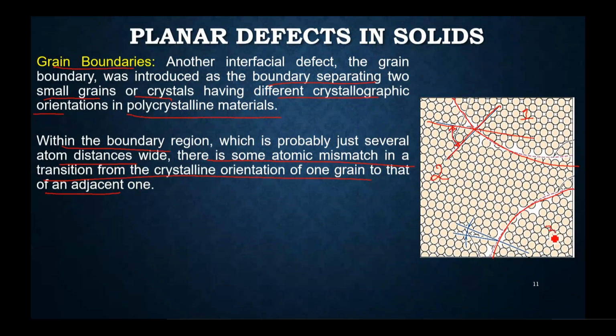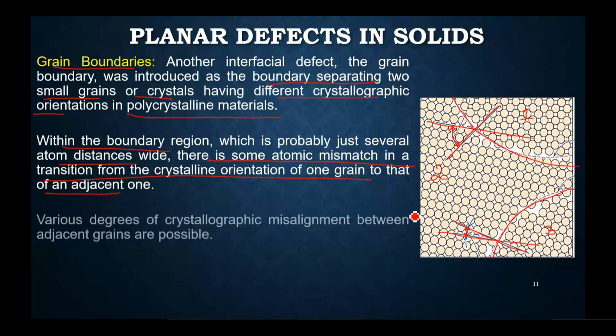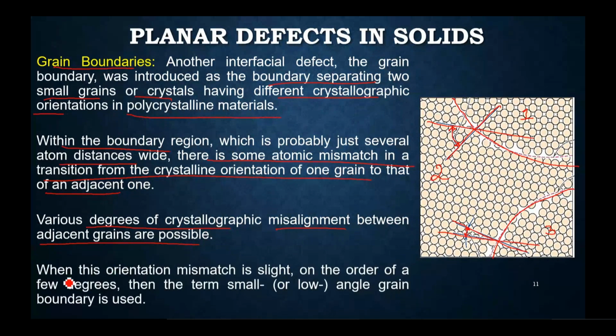Similarly, the third grain has an orientation in this direction, and the second grain, as I already mentioned, has an orientation in this direction, and there is a mismatch in the crystallographic orientation of the three grains. So various degrees of crystallographic misalignment between adjacent grains are possible. When the misorientation is very small, on the order of a few degrees, the term low angle grain boundary is used.